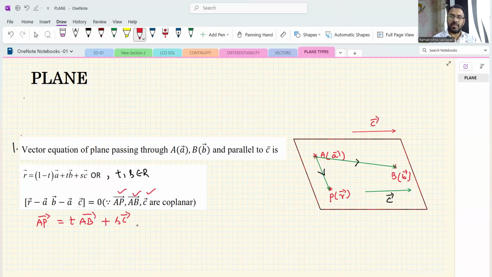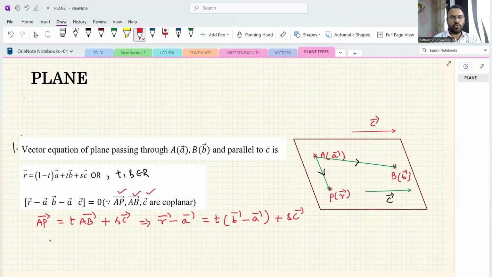This is most important. From this onwards, it is so simple to get the expression. The AP bar vector is nothing but the OP bar vector, that is R bar, minus the OA bar vector, that is A bar, equal to T into the AB bar vector, nothing but OB bar minus OA bar, plus S C bar.